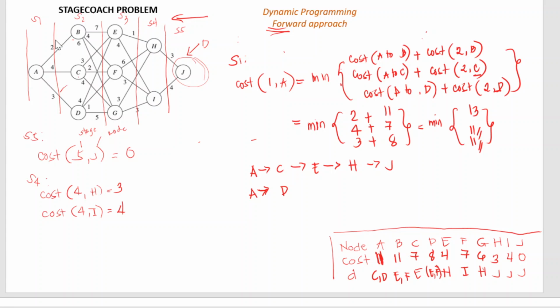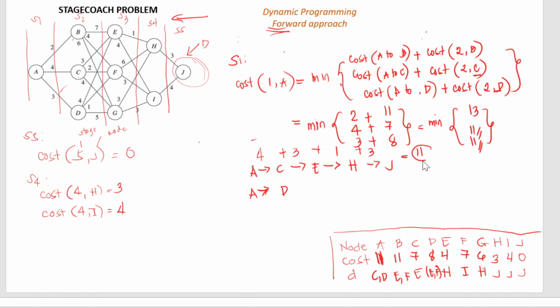So A to C is 4. Then C to E is 3, plus 3. E to H is 1, plus 1. H to J is 3, plus 3. That would be equal to 4 plus 3, 7, 8, 9, 10, 11.